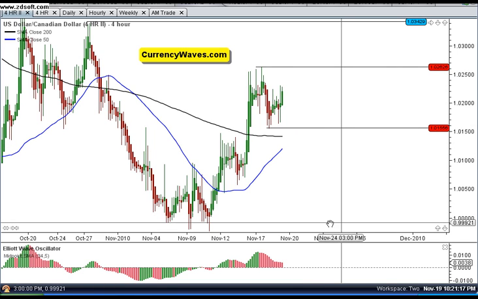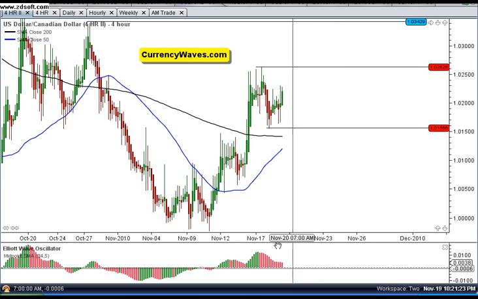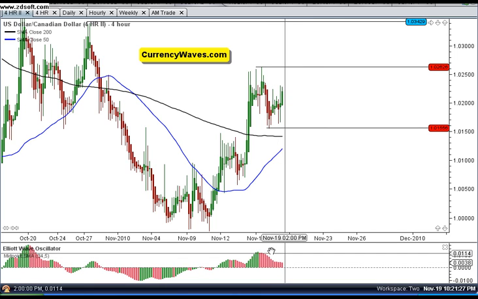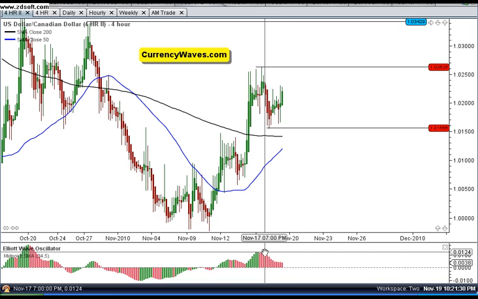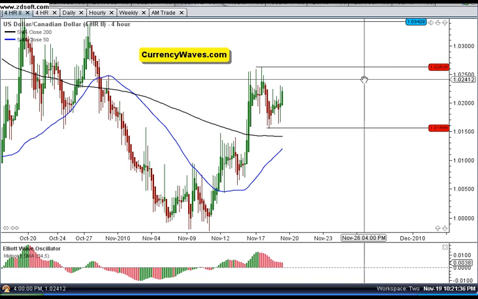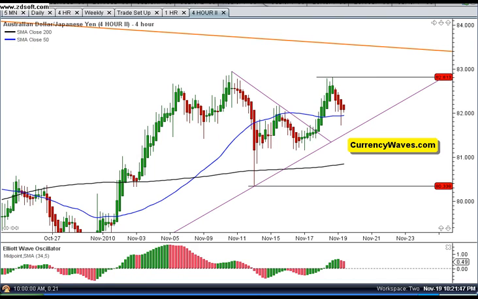If not, then we're going to be breaking down here below these lows again, heading down below 98ish. Again, any new highs will be on divergence here, unless it's a strong enough move to break this high. So again, careful on the moves up.